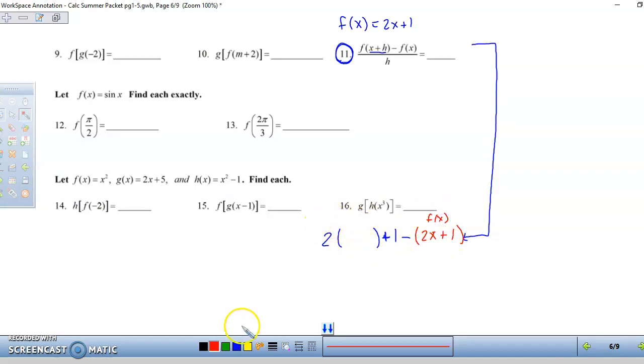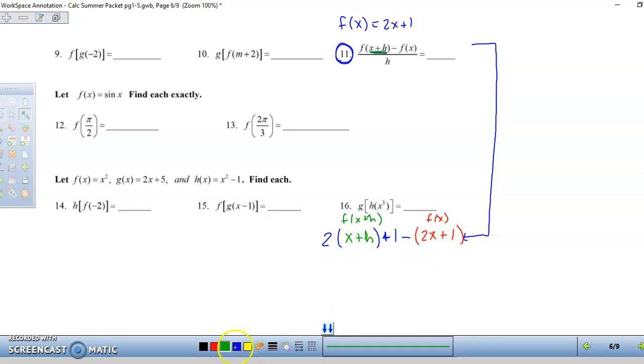And then f of x plus h, you're going to take this x plus h, I'll do it in a different color, and replace it here. So this would be f of x plus h. So this is the numerator, f of x plus h minus f of x. Here's f of x plus h. And then minus, here's f of x.